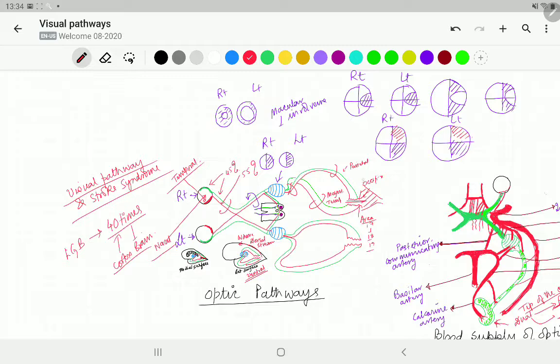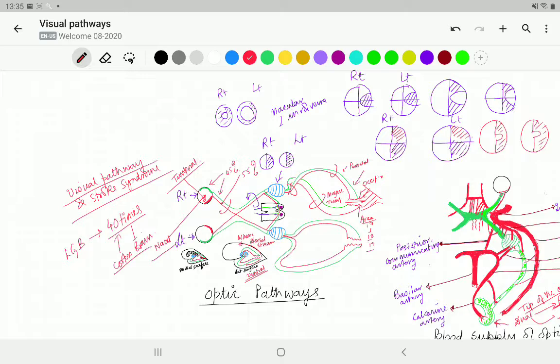Finally, if there is involvement of the occipital lobe, you get homonymous hemianopia, but here the macular fiber is spared. So you get left homonymous hemianopia with macular sparing. At the same time, there won't be any problem with the light reflex. There won't be any relative afferent pupillary defect here.